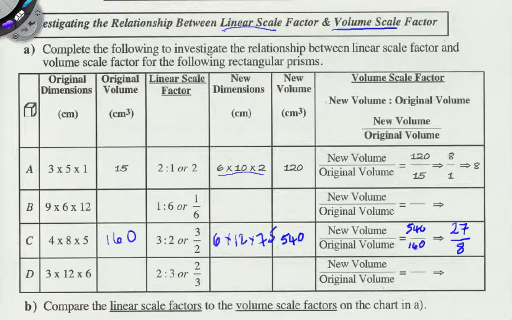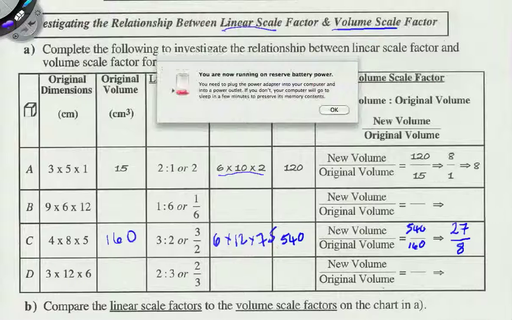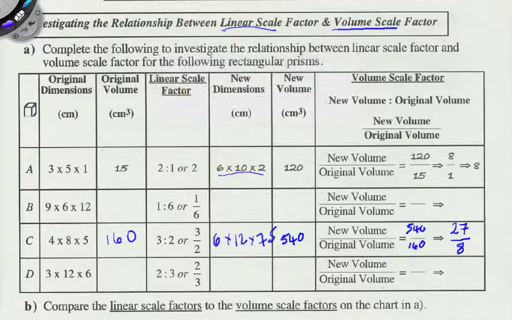Well, notice what's happening. Notice the scale factor 2 went to, with volume, a scale factor of 8. This scale factor of 3 over 2 went to a scale factor of 27 over 8. Really what we're doing here is we're cubing this number to get 27, and we're cubing this number to get 8, just like we cubed 2 to get 8 here.